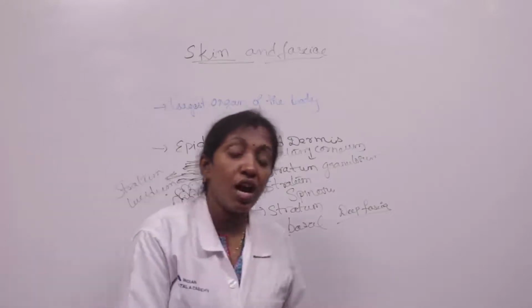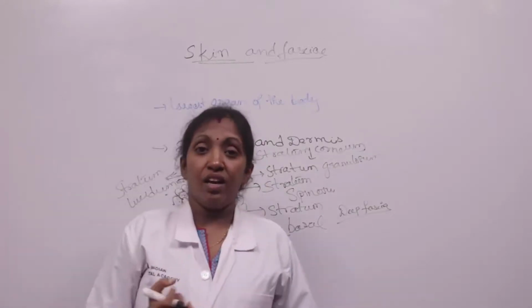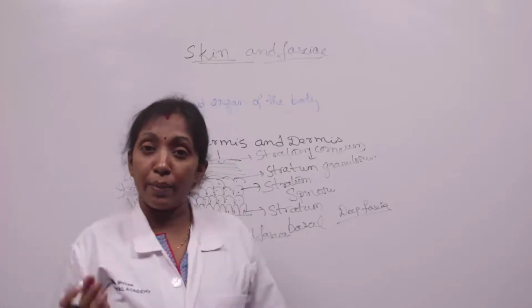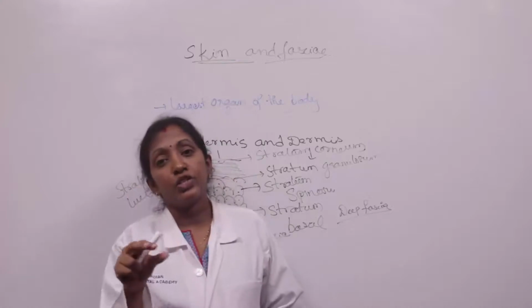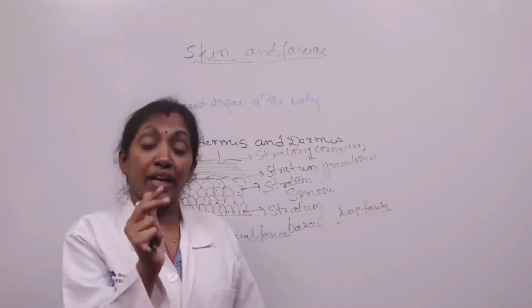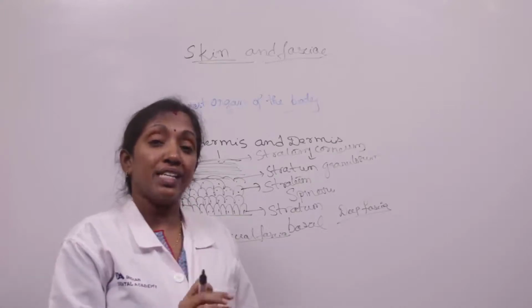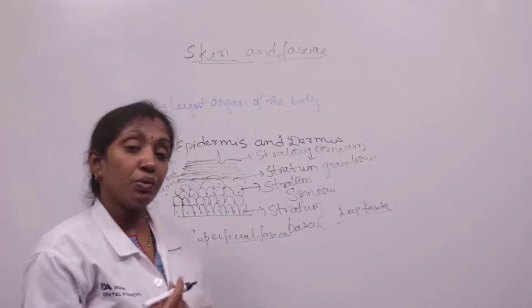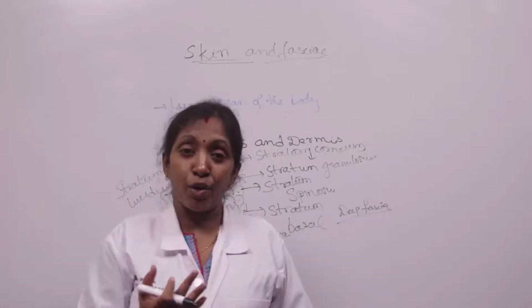The deep fascia also forms connective tissue around the muscle. The connective tissue around the muscle we call epimysium, the connective tissue around the muscle fiber bundles we call perimysium, and the connective tissue which surrounds each muscle fiber we call endomysium.